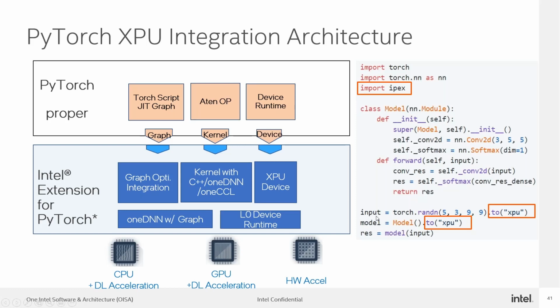Then after you get the input data, just call the .to('xpu') function on the data, and also apply this function on the module. If these two steps are done, then at the final line, model(input), this inference will run with Intel optimization for PyTorch, where you use all of the Intel optimization methodologies.